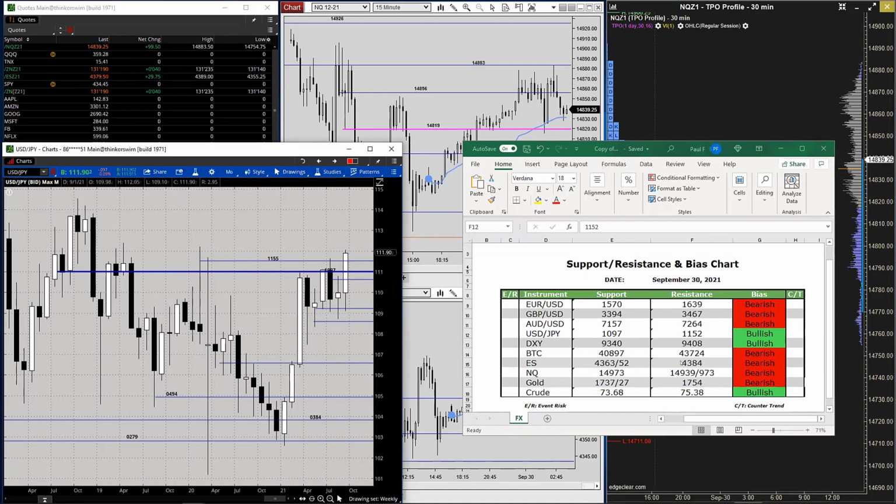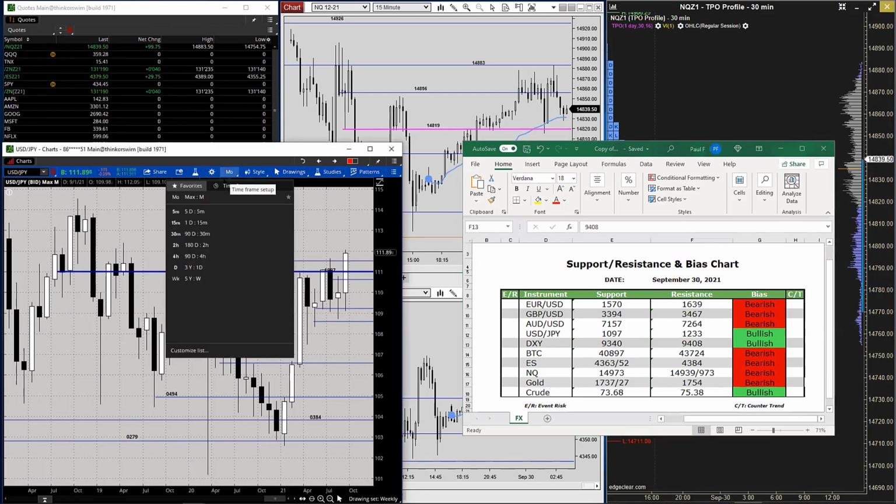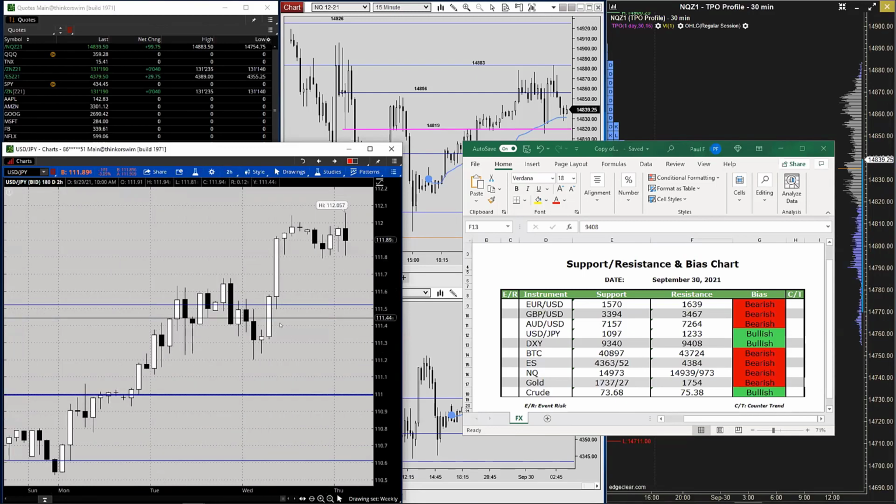That's 12.33. If we do slide back, it certainly doesn't look like it at this point, but if we do, it'd be 1164.